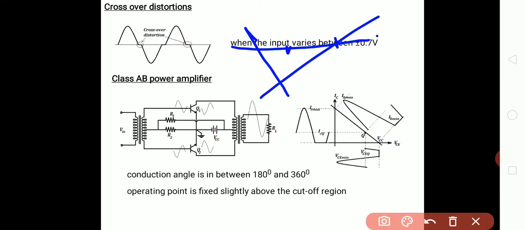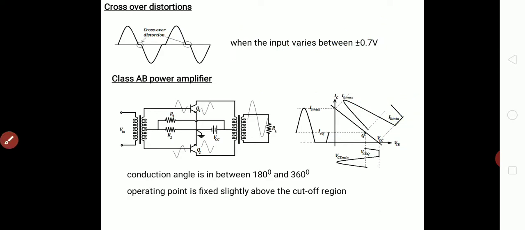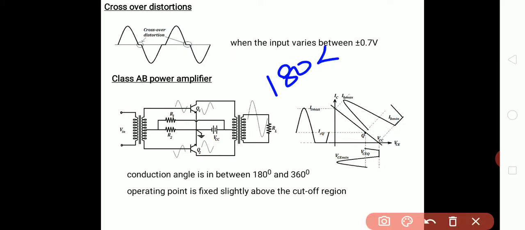Now in the class AB power amplifier, the operating point is located or fixed in between these two, that is slightly above the cutoff region, so that for more than half a cycle the device is going to conduct. Hence the conduction angle of class AB will be in between 180 to 360 degrees.